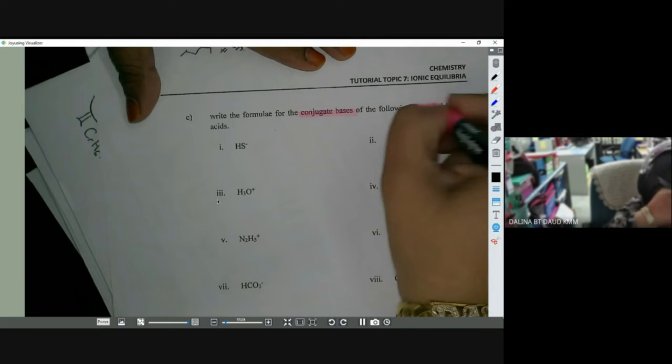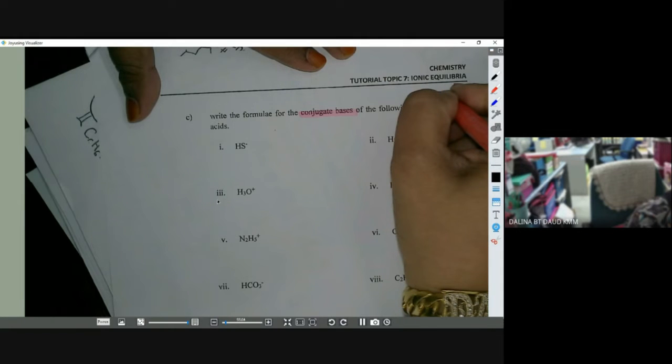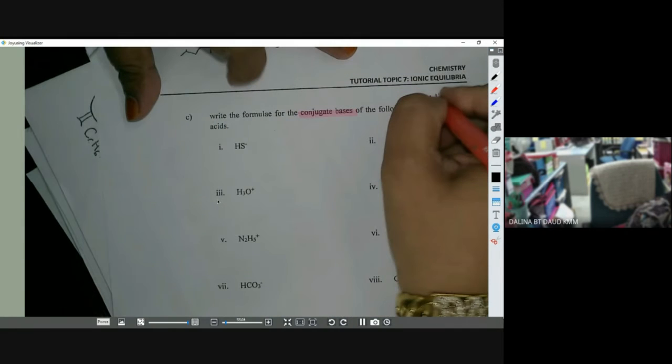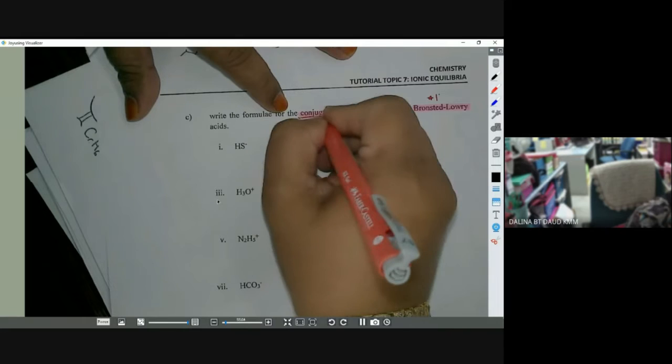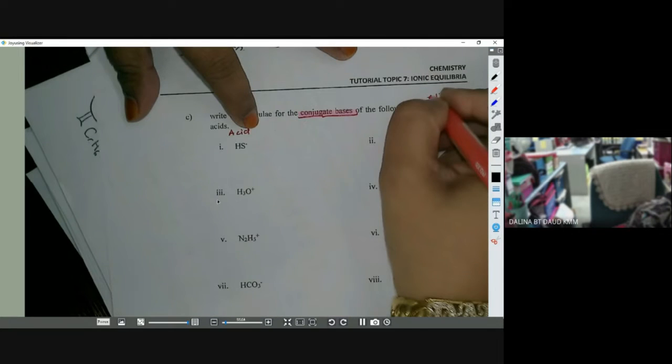So Bronsted-Lowry conjugate base, it will accept H plus. Acid donate. Okay, yang ini dia nak conjugate base. Conjugate base dia akan terima lah kan. This is acid. This is acid. So dia akan buang H plus.